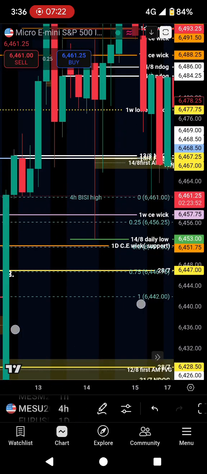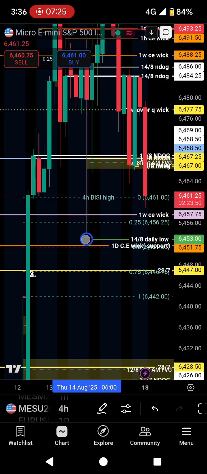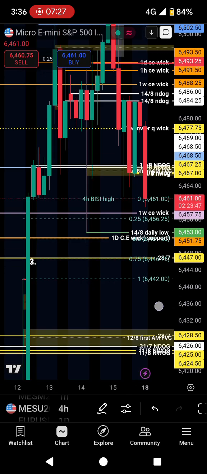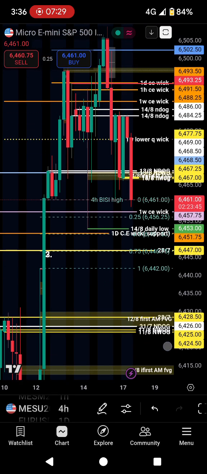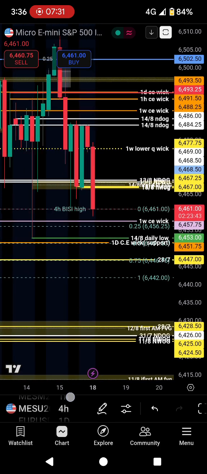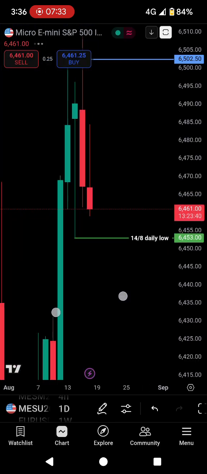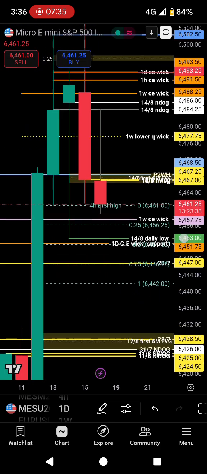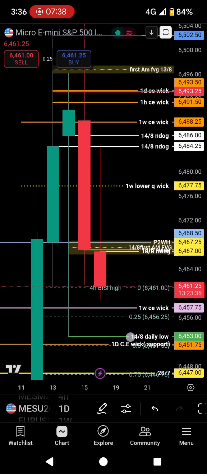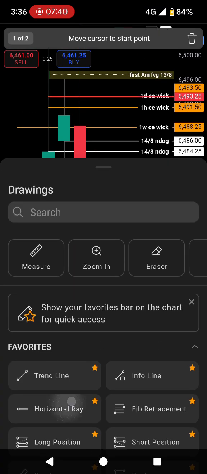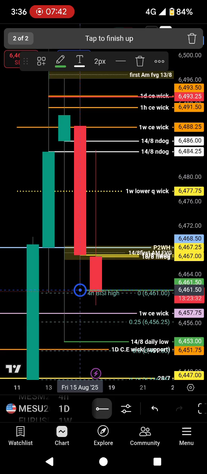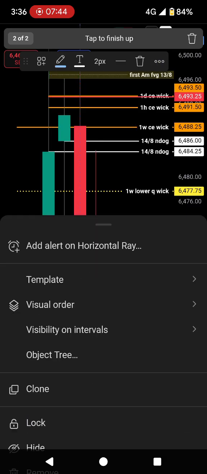Yep, this is the 4-hour CE, and this is the sell side. So what sell side is this? This is 6 o'clock sell side. And yeah, we cleared previous day low here. So many lines, so bear with me.